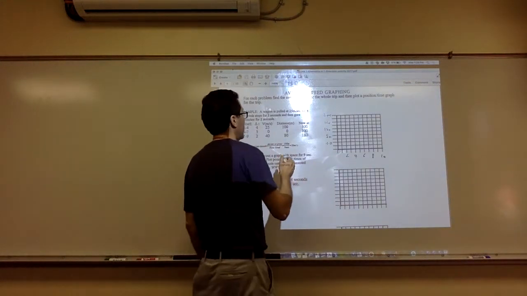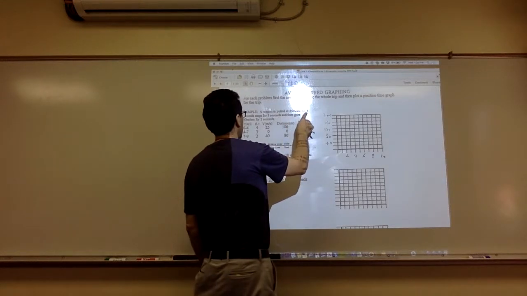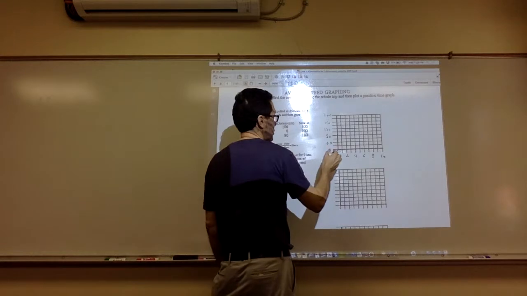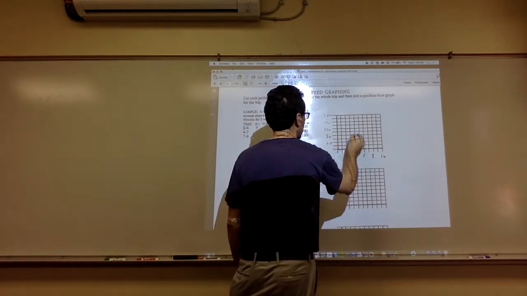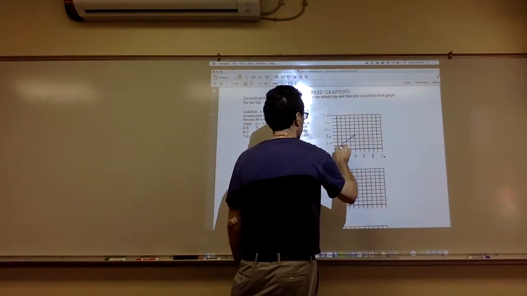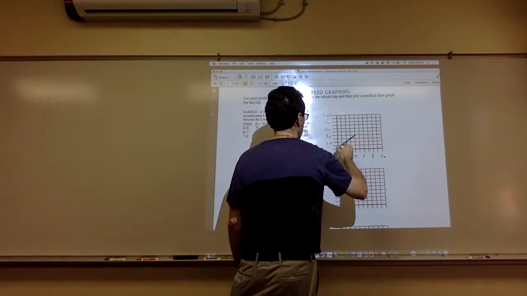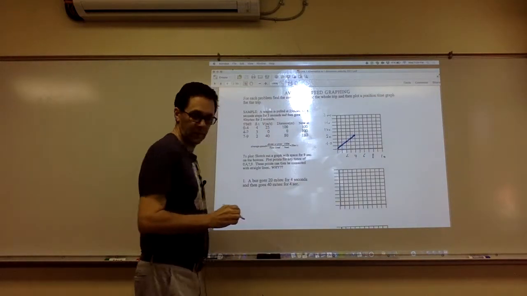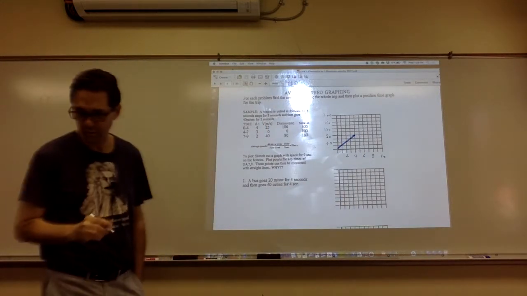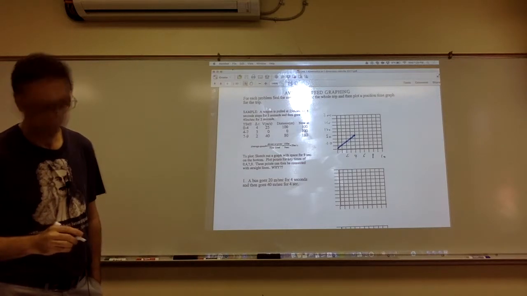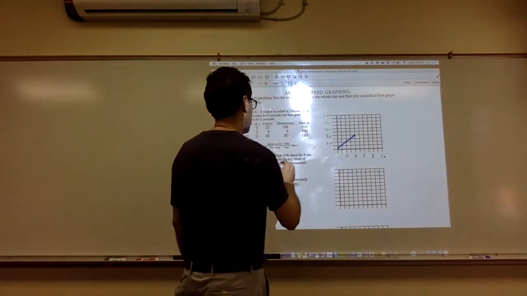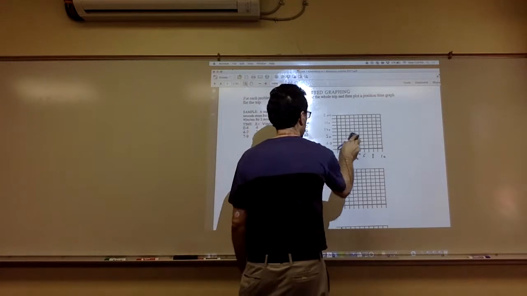Okay. So in the first 4 seconds, after 4 seconds, I should be at the 100-meter mark. So 4 seconds, 100. Just do this. The ruler, of course. Okay, that's what it should look like for that part. Now, for the... No, I did it in the wrong place.